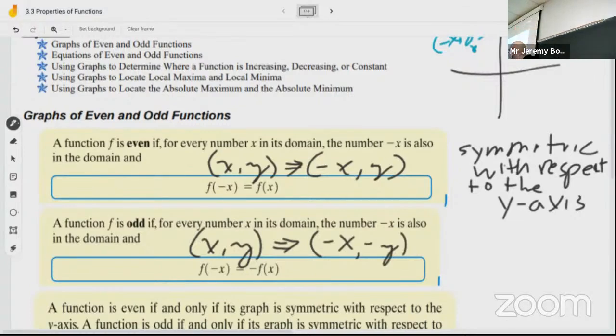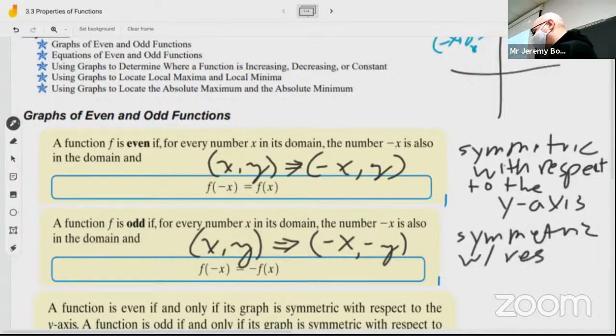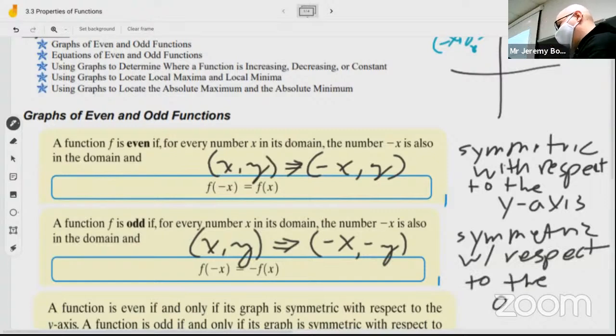That will make it odd. Does that seem familiar? Origin, yeah, good. So it's symmetric with respect to the origin. So if you see a function that is symmetric with respect to the origin, that means it's an odd function.